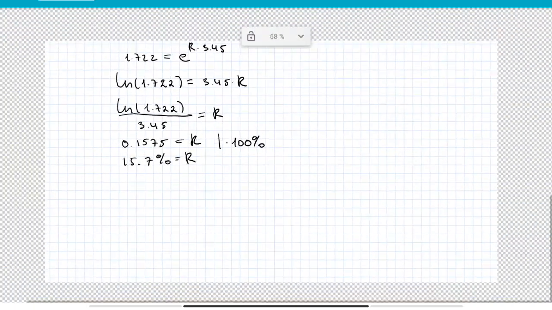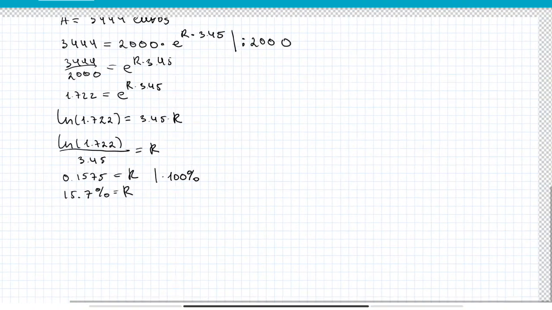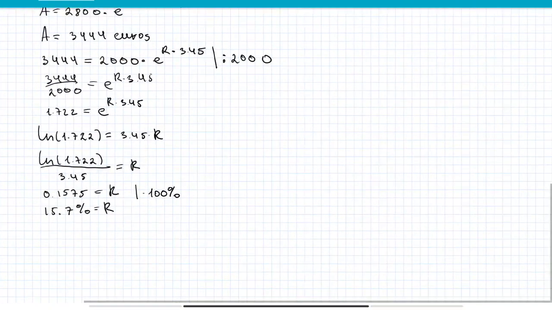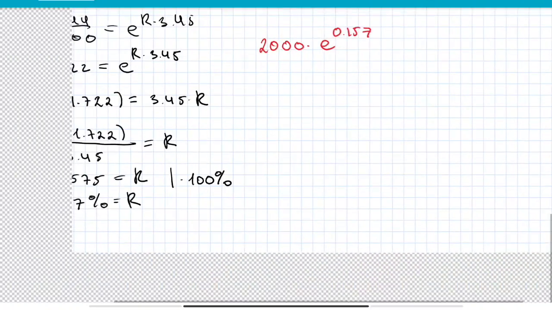You can also check if you're not sure about your answer. Just put in the same values: she's investing 2,000 multiplied by e to the power of 15.7% multiplied by 3.45.